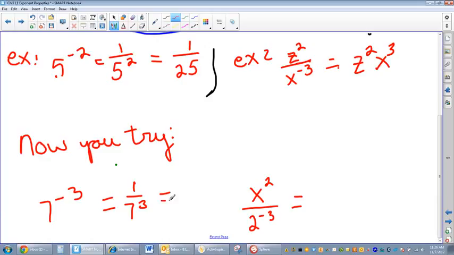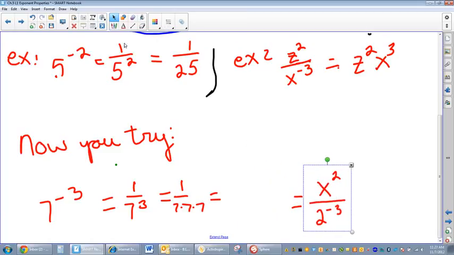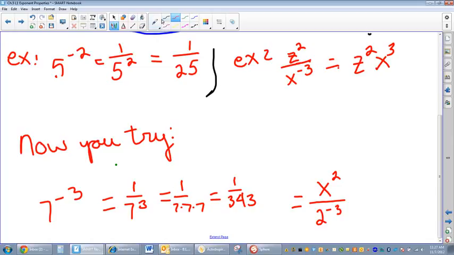Good, so you multiply 7 times 7 times 7. Yes, you keep it down there. You moved it down there, it no longer has a negative sign on it, so it's going to stay underneath the line.